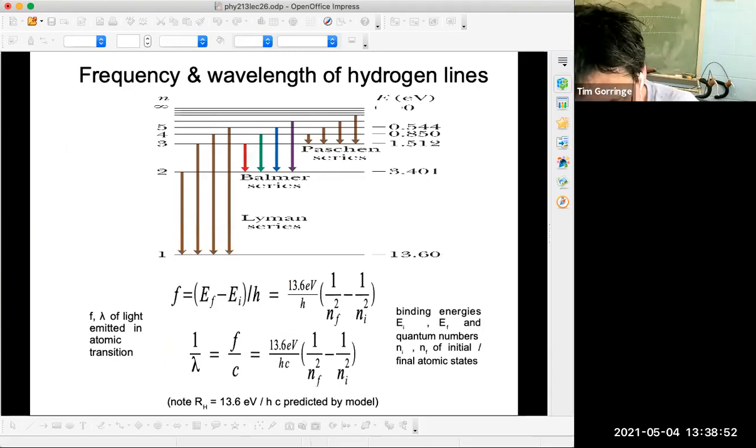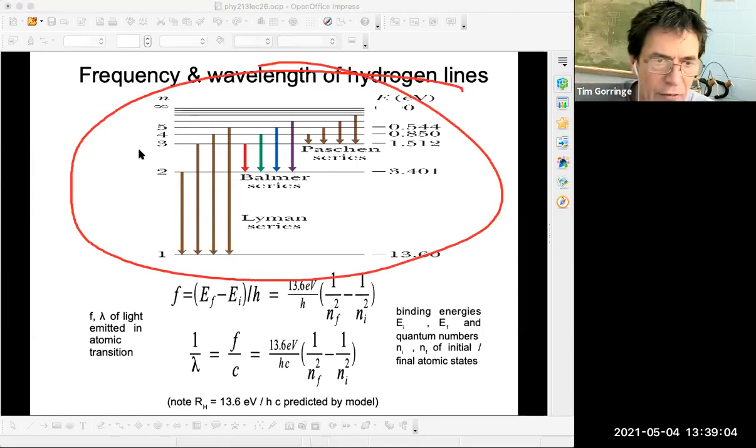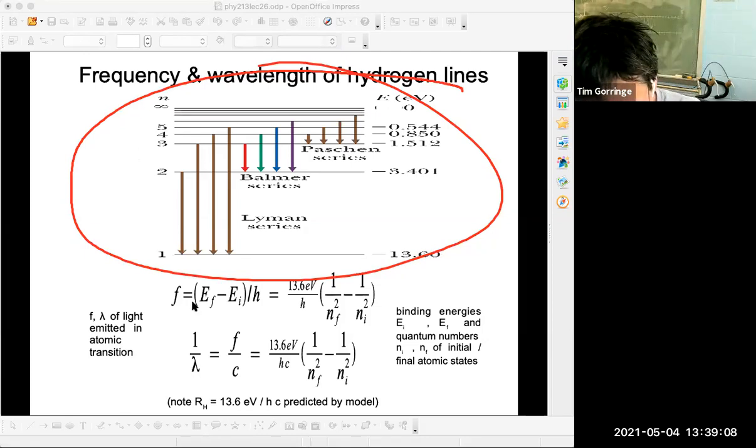On this slide, I'm just showing the same figure. Upstairs here, same energy level diagram, same line spectra diagram. But I'm pointing out the frequencies of the light that are predicted by this model.